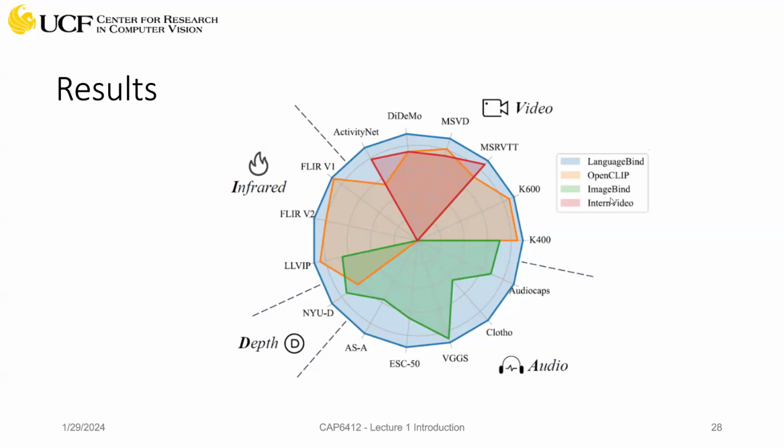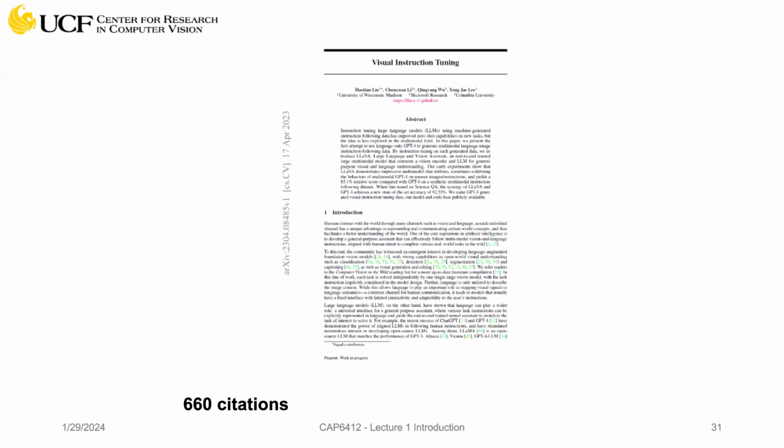So it's actually doing better than ImageBind. The reason, of course, is that they have the specialized data set, right? In ImageBind, they did not use any other data set, it was just natural. So that is their advantage. And they can do video, infrared, depth, and also audio. Okay, so that finishes ImageBind and LanguageBind.